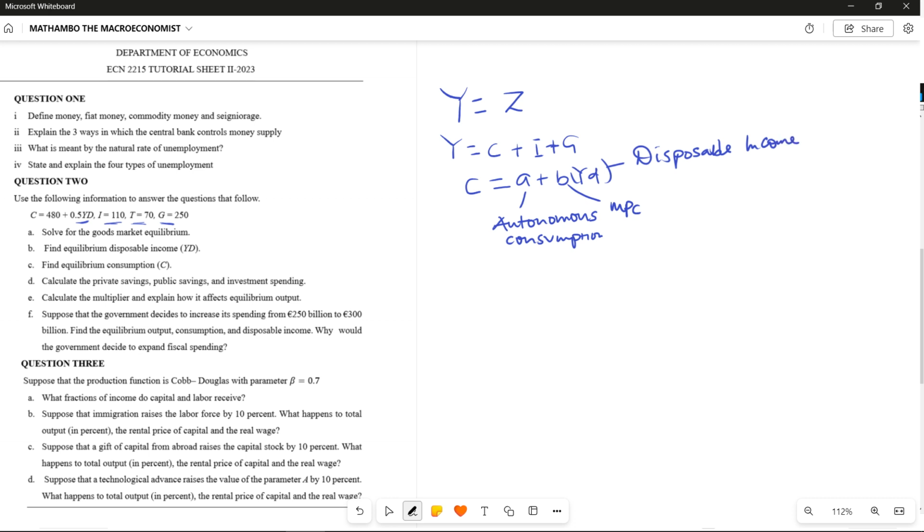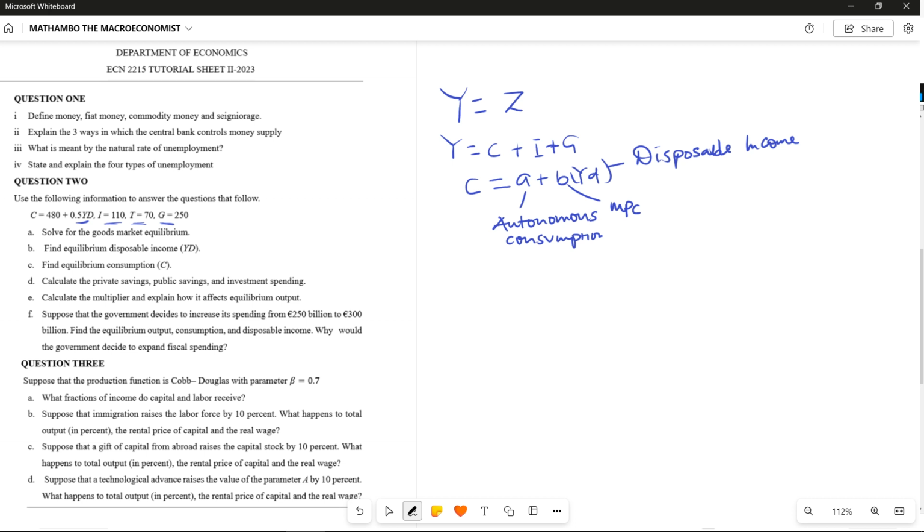Now this autonomous consumption, our A, just measures the level of consumption at zero income, meaning that when your income is zero, that level of consumption is what is called the autonomous consumption. And then the B, the marginal propensity to consume, measures the proportion of every increase in income that is going to be dedicated to consumption.